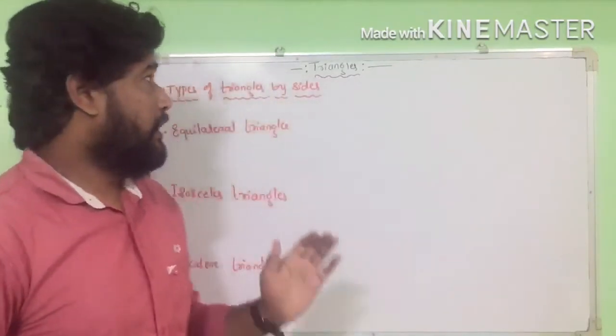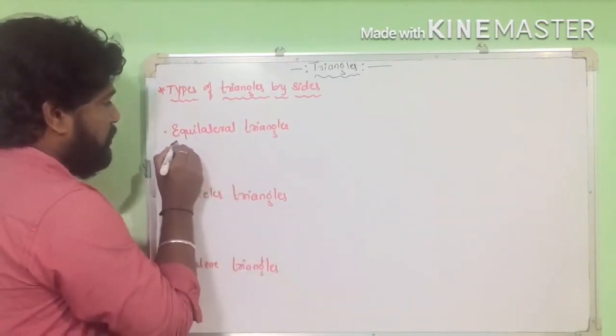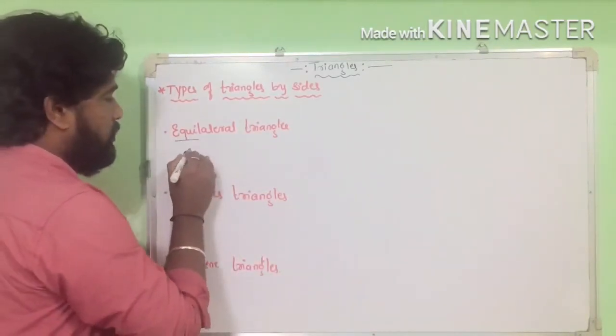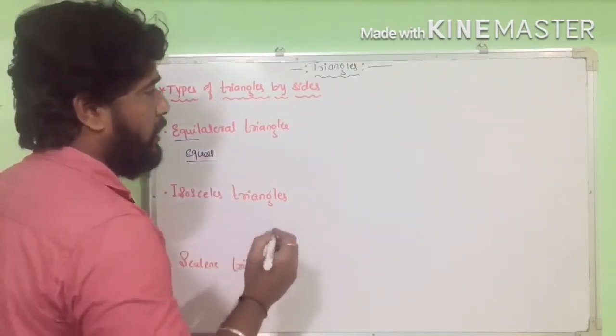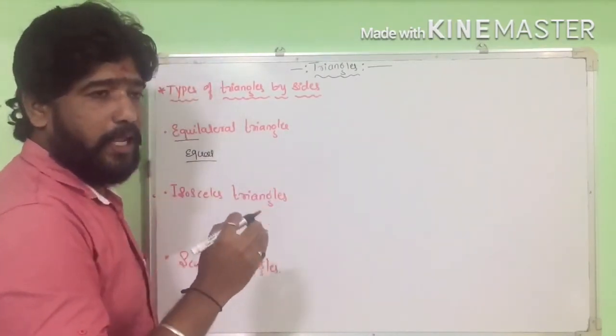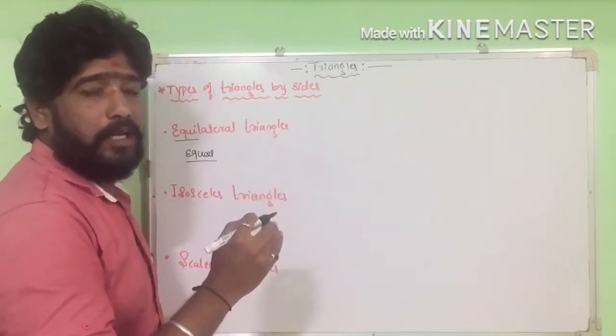So, students, the types of a triangle by sides. First one, equilateral triangle. Equi means equal. An equilateral triangle is a triangle in which all sides are equal or all angles are equal.